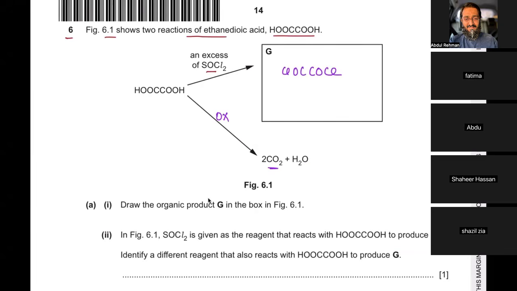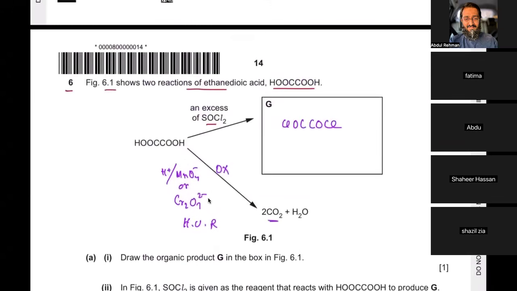And ethanedioic acid is oxidized by acidified manganate or dichromate, heat under reflux. Okay, draw the organic product G in the box.